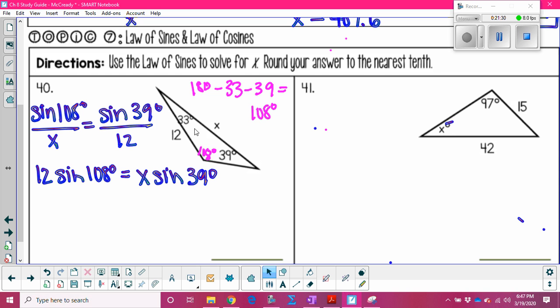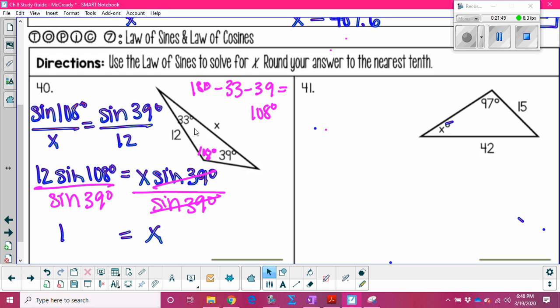To solve this for x, you're going to divide both sides by the sine of 39 degrees. That cancels over here. When you put 12 times the sine of 108 degrees divided by the sine of 39 degrees in your calculator, you're going to get 18.1. So this is 18.1.